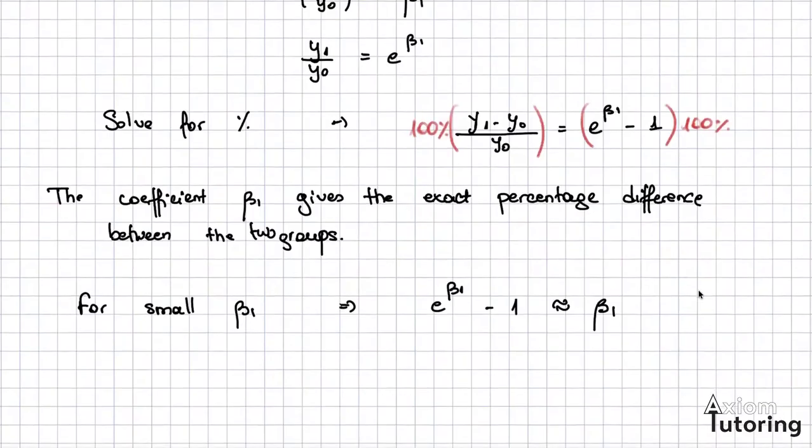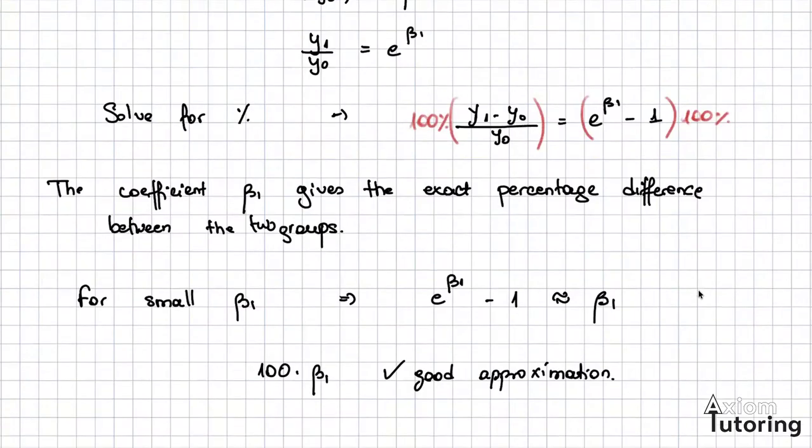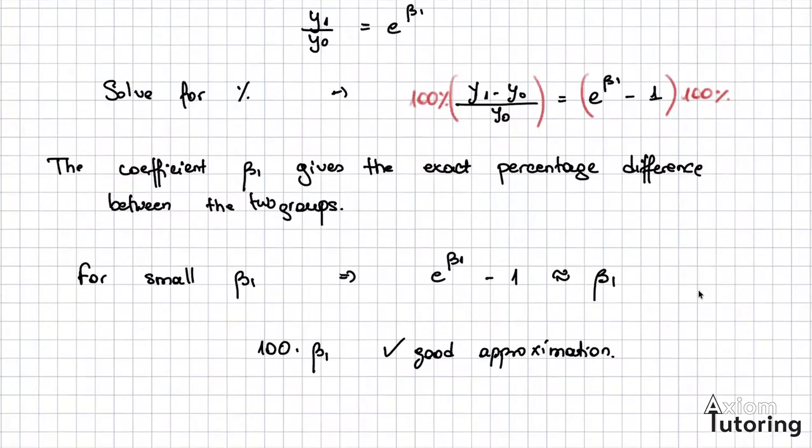So that's why saying that the interpretation is 100 times beta 1 is a good approximation. Okay. So what we've done in here is by using logs, we've turned multiplicative differences into additive ones, and then exponentiating them brings us back to the percentage changes.